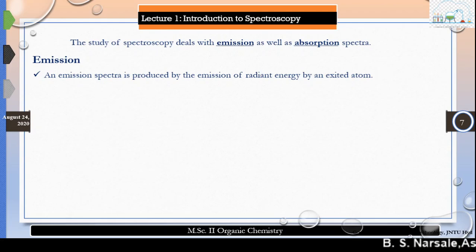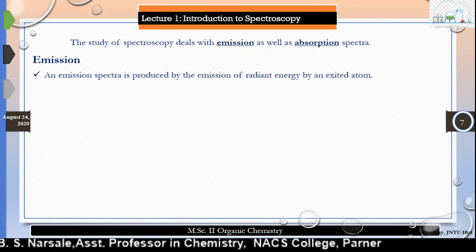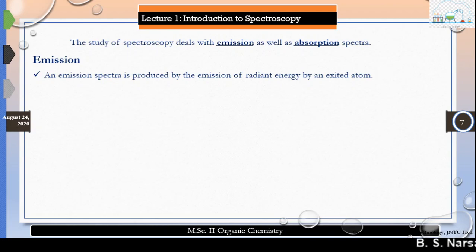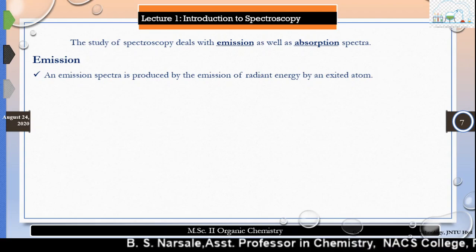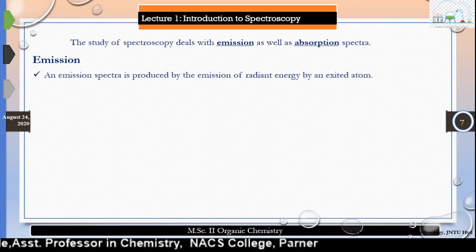When we strike a radiation over a matter or object, the atom gets excited and it produces energy. This energy is emitted, and after emission of that energy, the spectra formed is called the emission spectra.